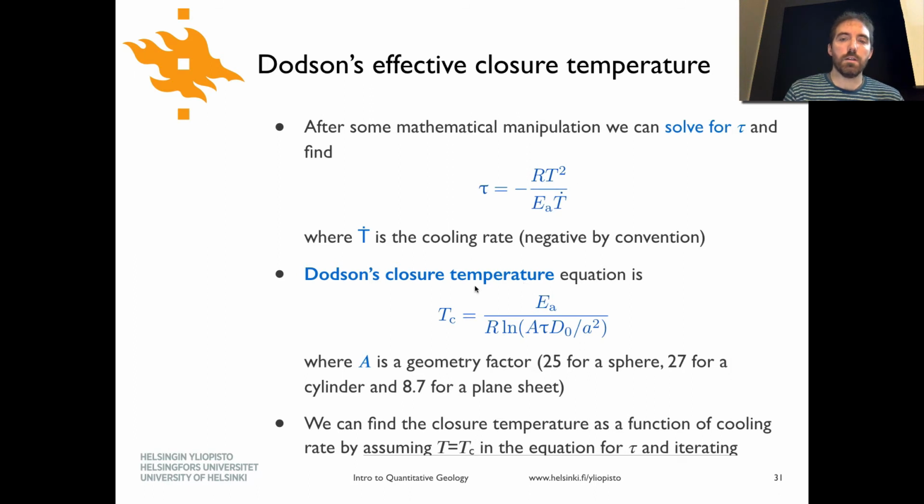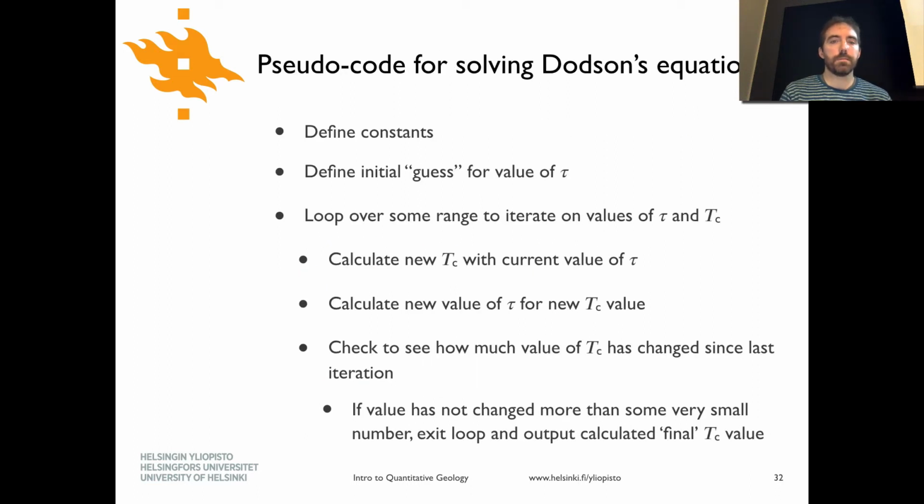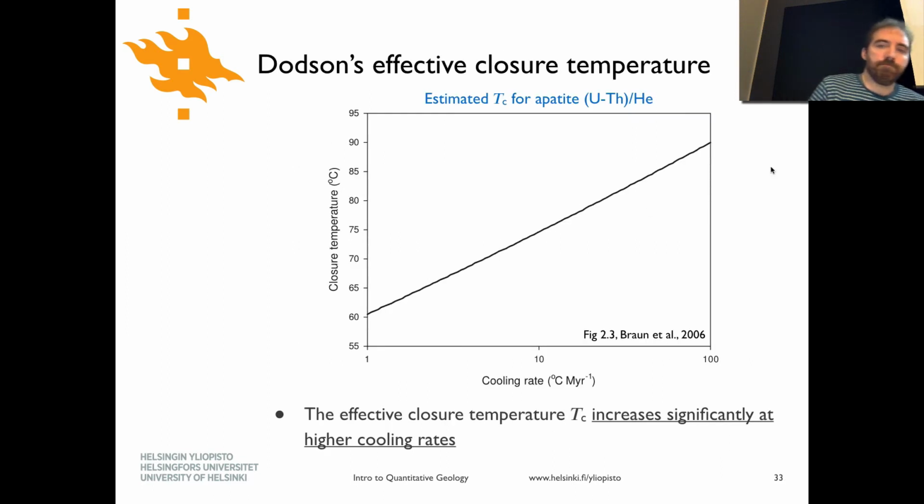But essentially, this is mostly stuff that we have available. So calculating this closure temperature is something that can be done relatively easily. And I'm going to skip over the pseudocode thing about Dodson's equation for right now, because we'll come back to that in the preview of the exercise. But what you can do with it then is you can make plots like this of the cooling rate and calculate what the closure temperature is as a function of the cooling rate.